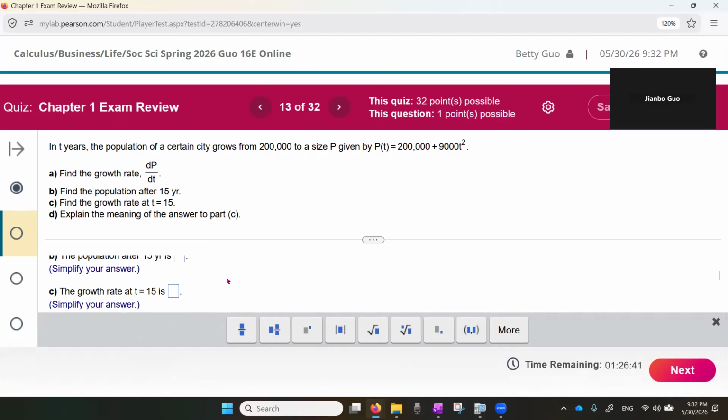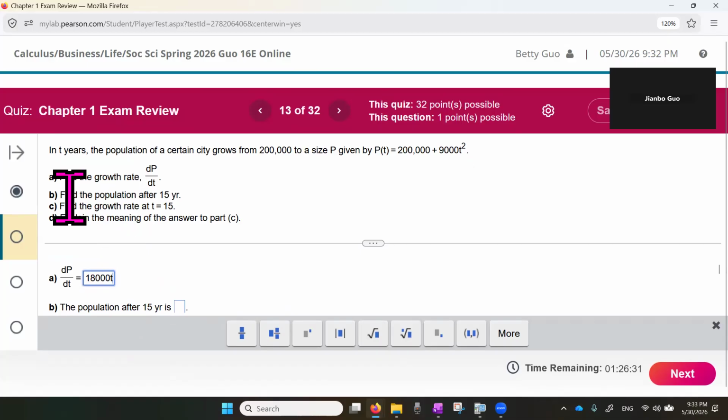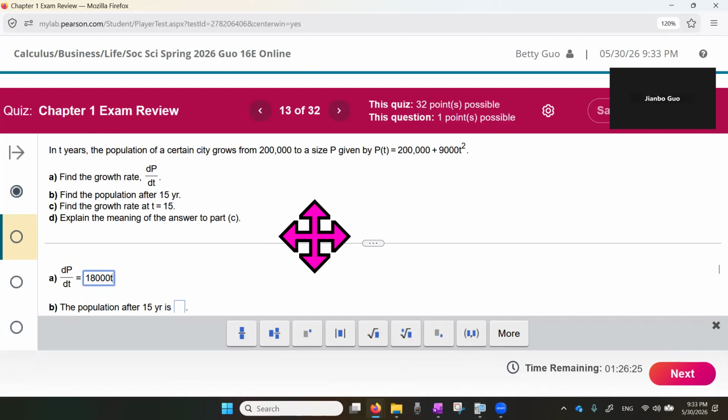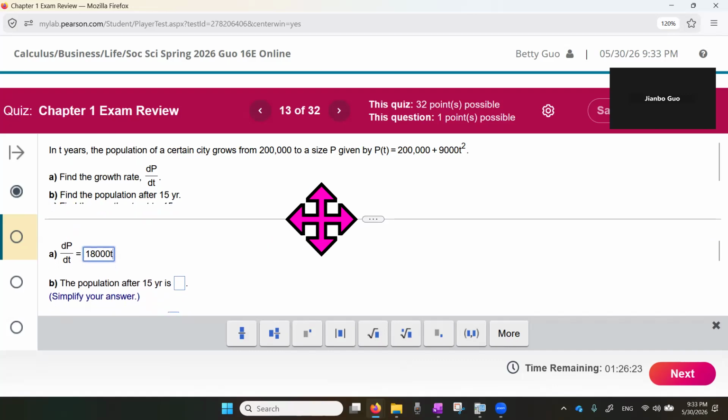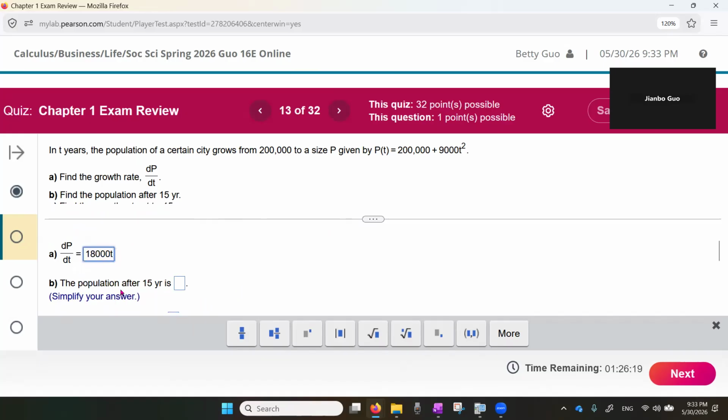Part B is finding the population after 15 years. Okay, so to answer part B, we use this function.